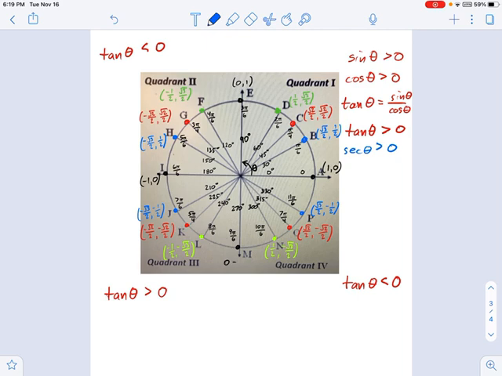And in quadrant 4, they're going to be positive. And the reason I jumped right over to quadrant 4 is because I'm looking at this whole side of the unit circle as positive x values. And if x values are positive, then cosine is positive and secant is also positive. And way over here, if I have secant theta in quadrants 2 and 3, well, these are all negative x values, right? Negative x values means negative cosine values means negative secant values.